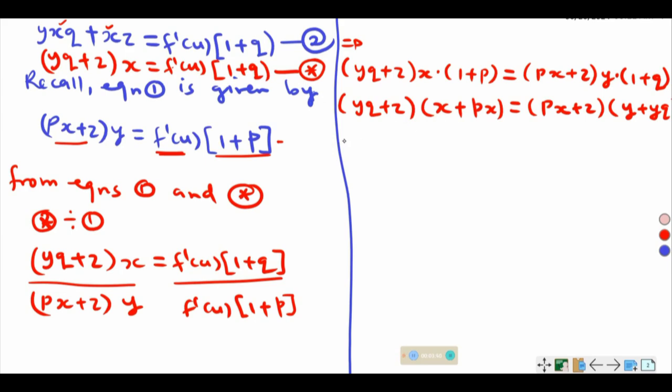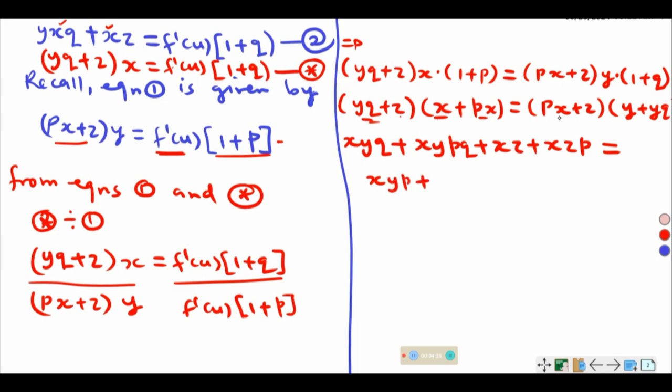Similarly, we can now open these brackets such that we have xy of q plus xy of pq, then xz plus xzp, and this will be equal to, we do the same, xyp plus xy of p and q plus zy plus yz of q.